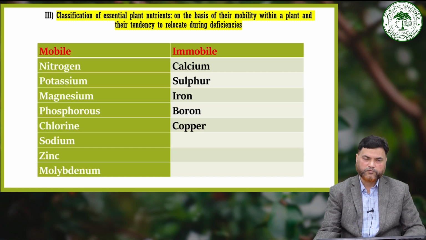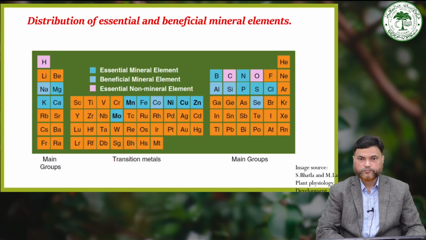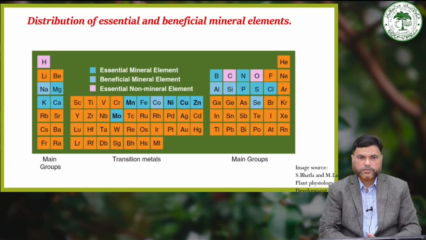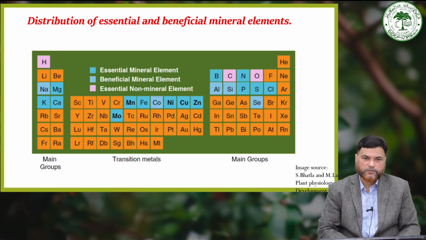Basically, the precise mechanisms of nutrient mobilization are not very well defined. There are different plant growth hormones which could be involved in the translocation of these mineral elements, like cytokinin. This table shows the relative distribution of various elements in the earth's crust, and, as in the periodic table, a specific color is given for the essential mineral elements that could be identified.